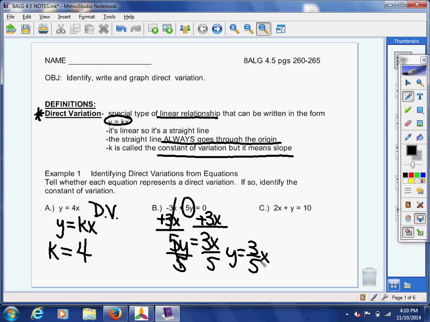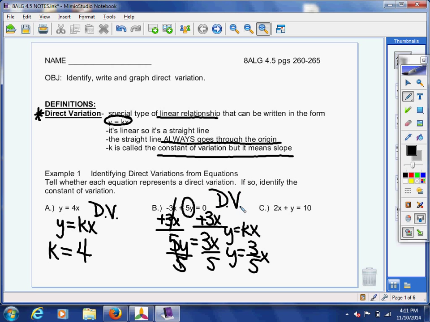Now that y is solved for, is it in the format or similar to y equals k times x? Do you see how it matches up? Y is on top of the y, equals on top of the equals, k on top of the 3/5, x on top of the x. Do you see how it all lines up? So could you go ahead and summarize this and say, I think this is direct variation, and you would be correct.